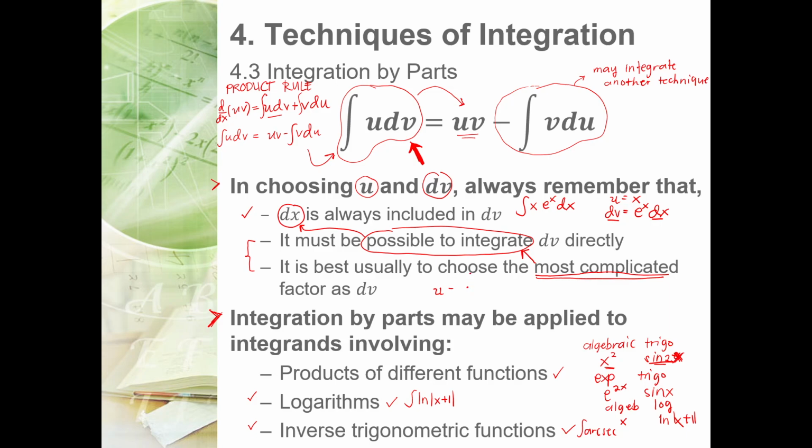So instead of possible to integrate, your u parameter is possible to derive, or easy to derive.